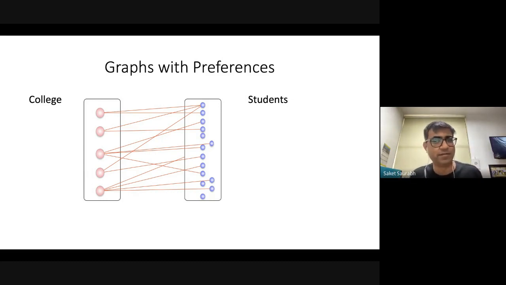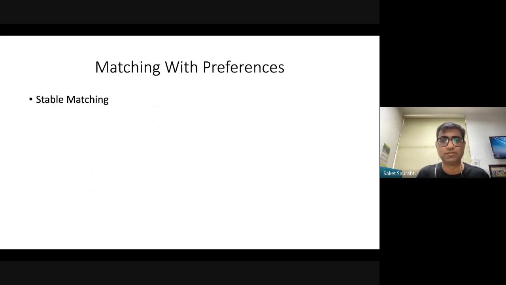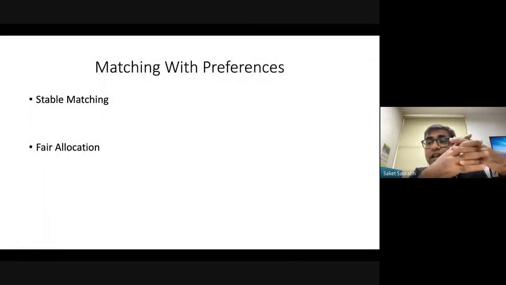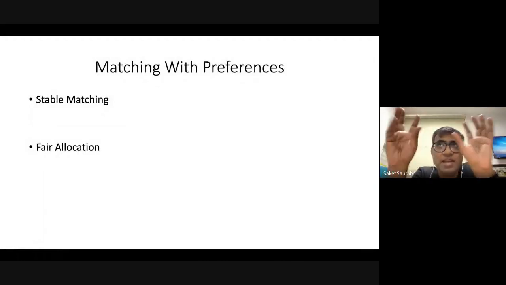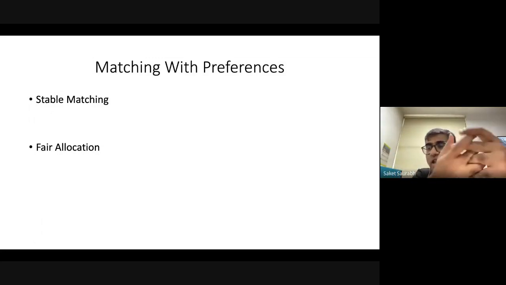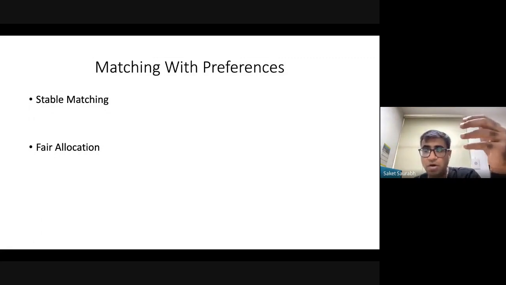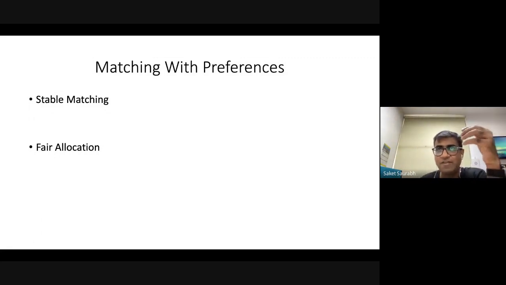Now, what is the meaning of that satisfaction? This leads to the notion of what is called stable matching. Stability is just one core concept, but it is defined with respect to the requirement, the need. When we do not have preferences, it is matching about just one side.